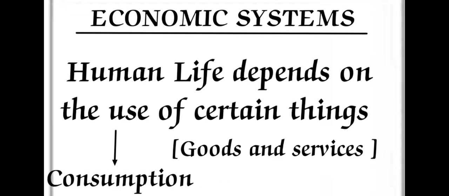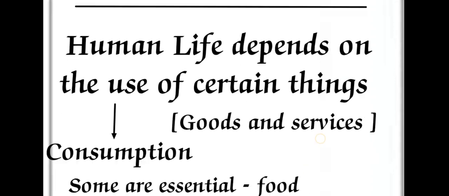Basically human life depends on the use of certain things. It means goods and services. Human life depends on goods and services, so consumption also increases. We consume some important and essential elements, that is food, water, shelter, clothes. These are the basic facilities for humans.